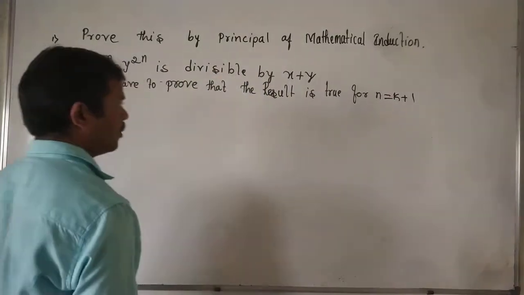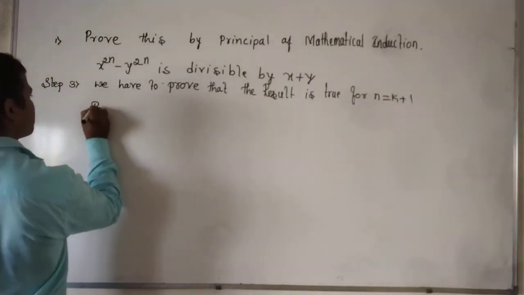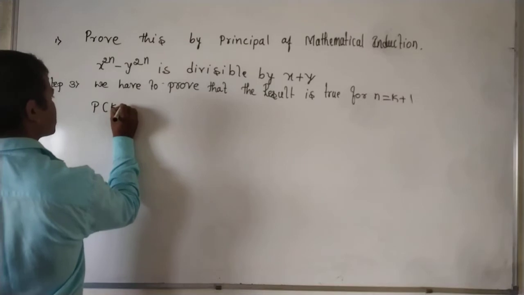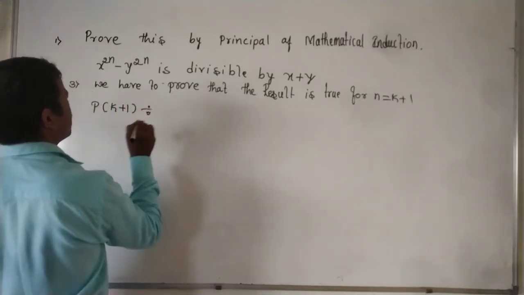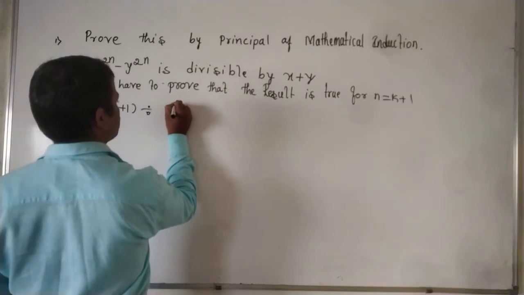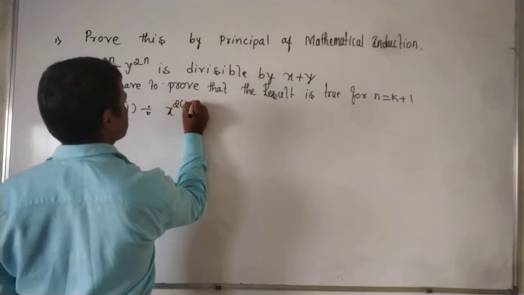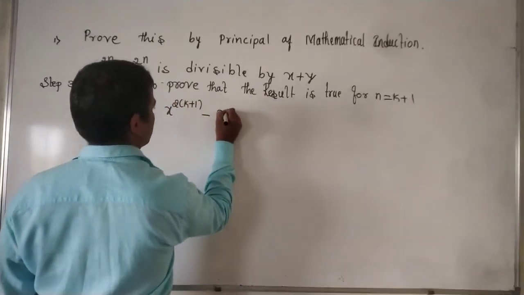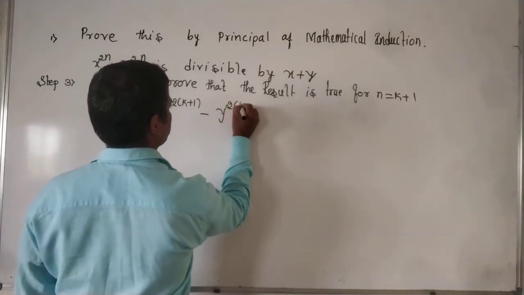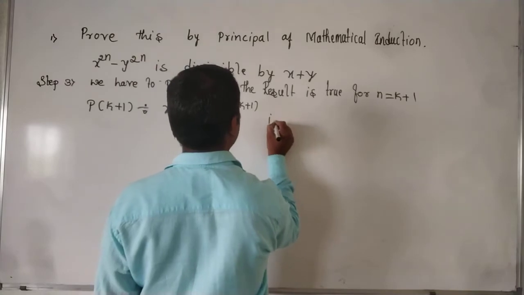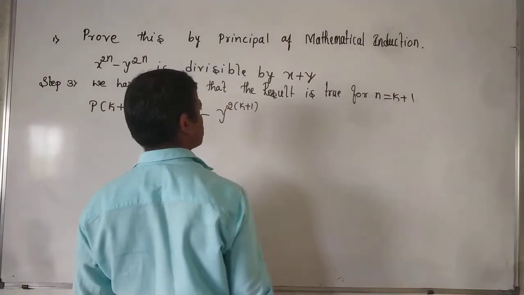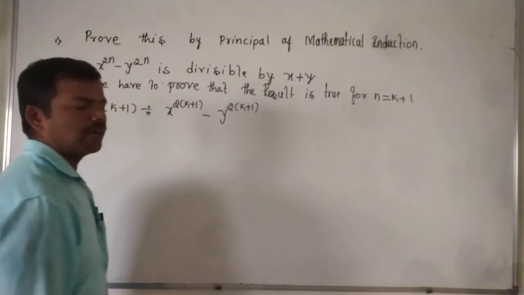That is, p of k plus 1 is equal to x raised to 2 times k plus 1 minus y raised to 2 times k plus 1, and we have to show it is divisible by x plus y.